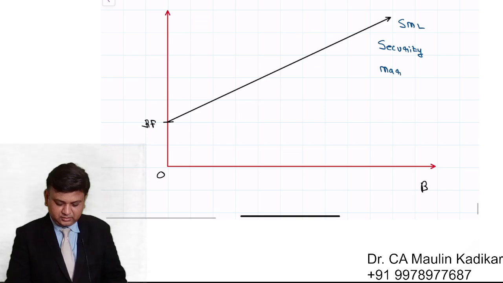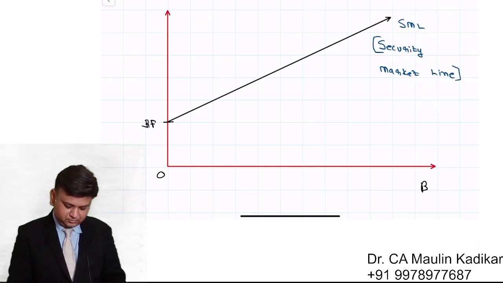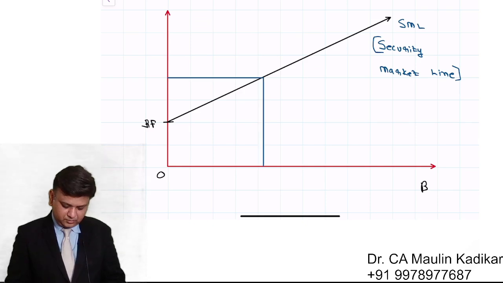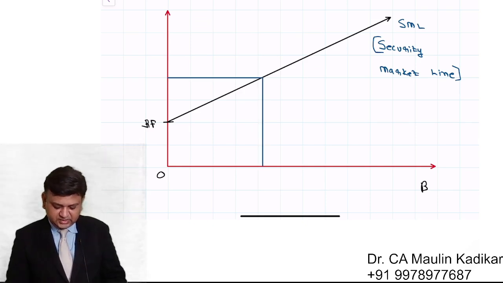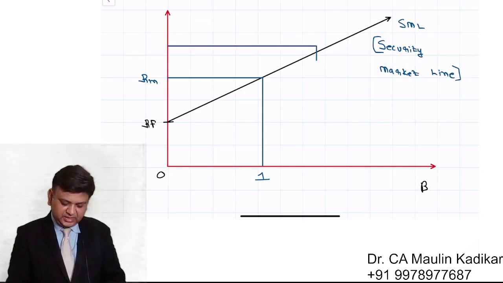Security market line. We can say that this is beta 1. At that time, required rate of return is equal to RM. And again, this is beta 1.0357.